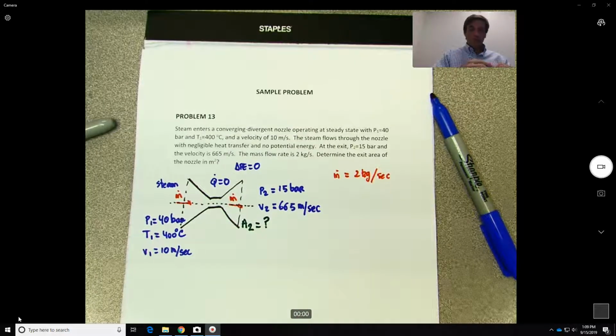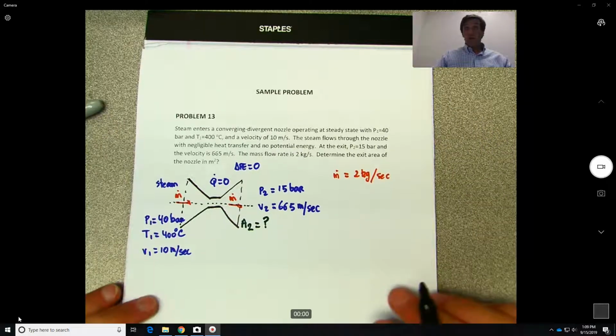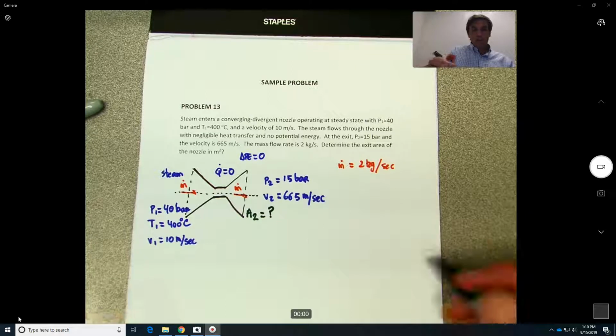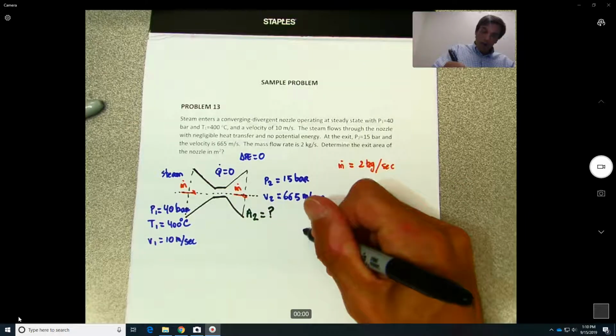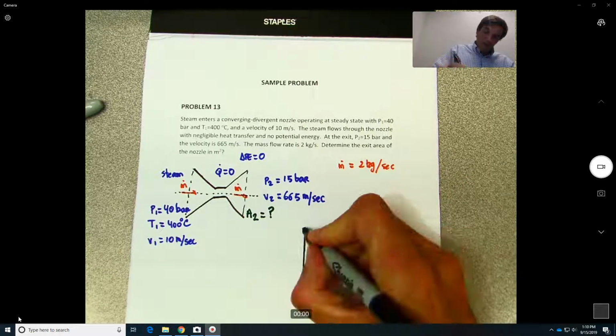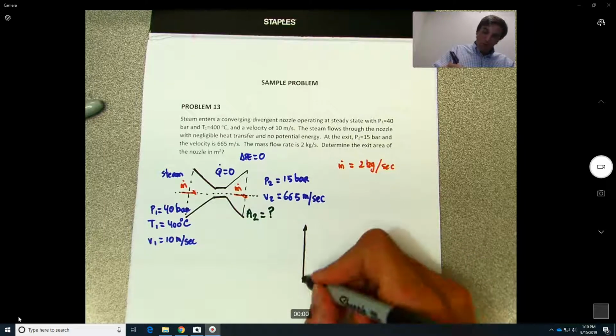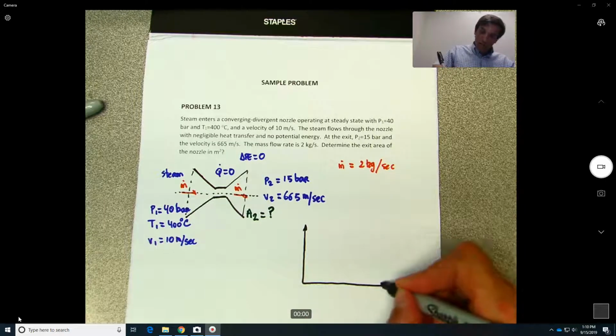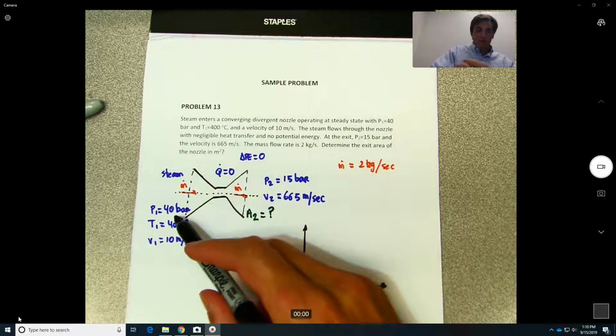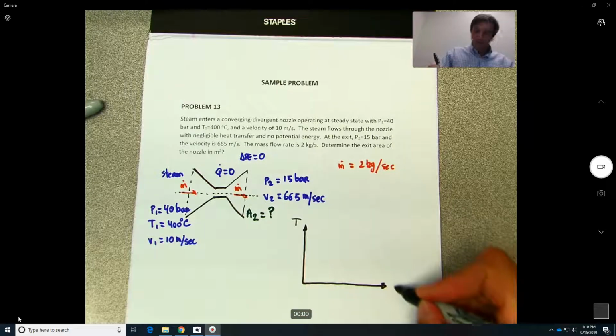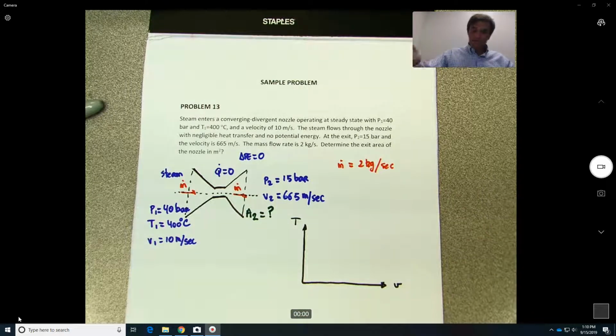Alright, so this figure might not be needed, but I want to try to give you as much information as possible, but let's see what happens over here. So we have lines of pressure, so let's do the T-V diagram.